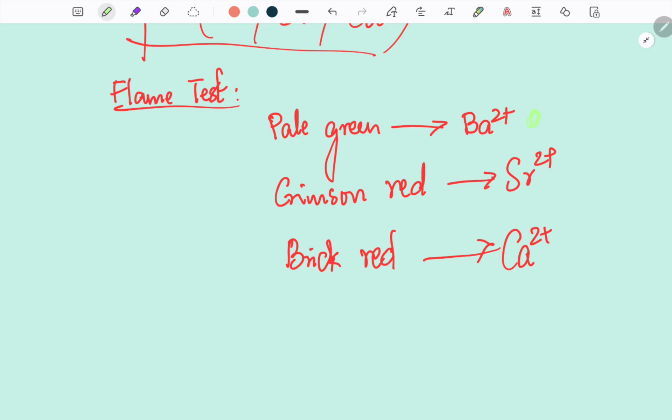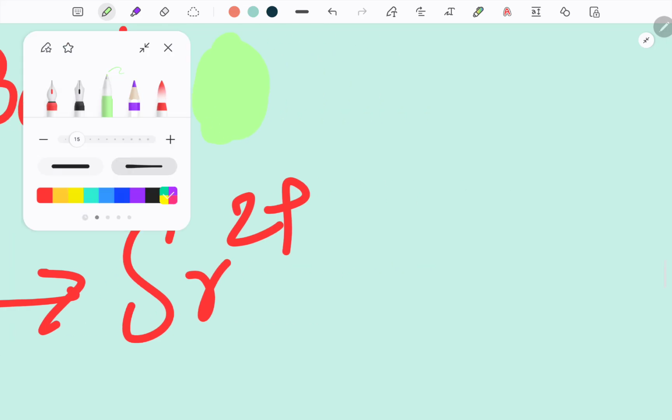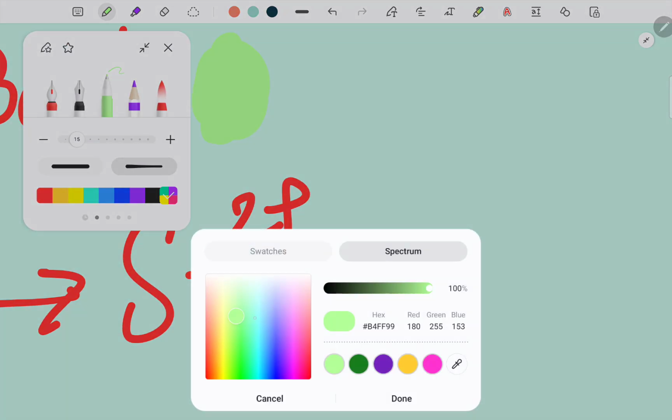This is the pale green color. I'm not sure if you can see it. I will zoom in. So if you're able to see, this is the pale green color that you would observe. The crimson red color is actually a very dark shade of red. So it would be like a pinkish red.